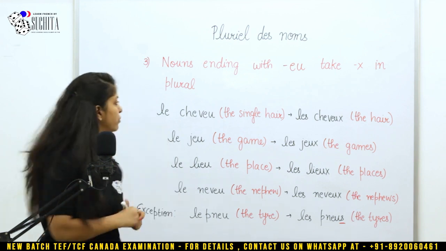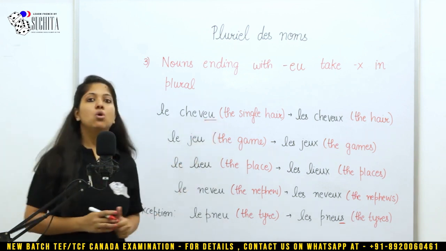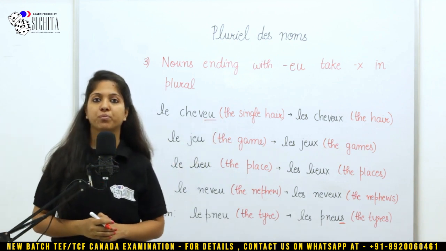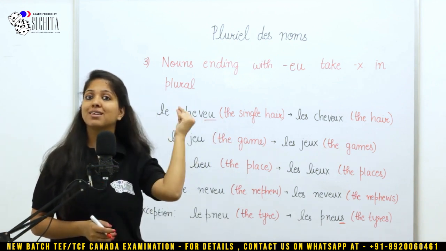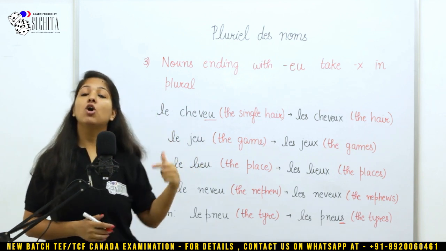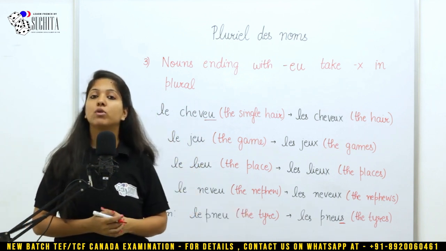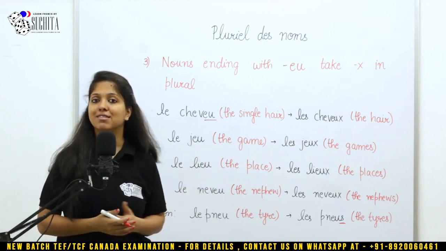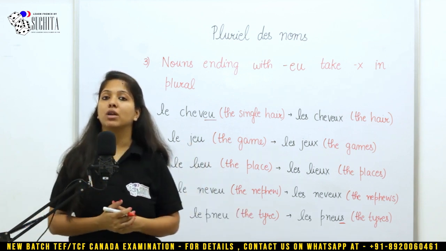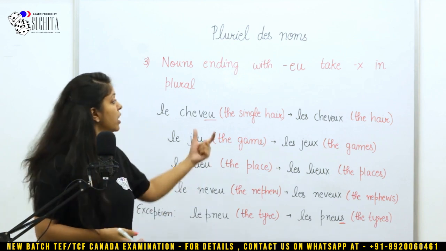Par exemple, le cheveu. Le cheveu. Cheveu, which means a single hair, the single strand of hair. Now in order to make its plural, you will put les cheveux. Cheveux avec X. There it means the plural, the hair. Okay.